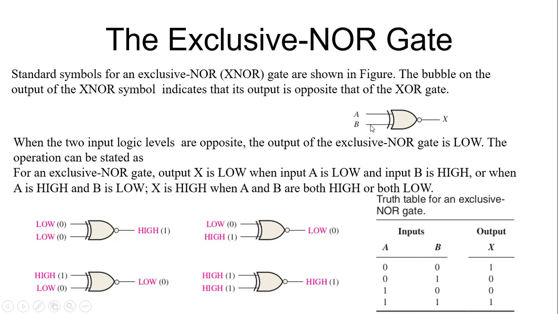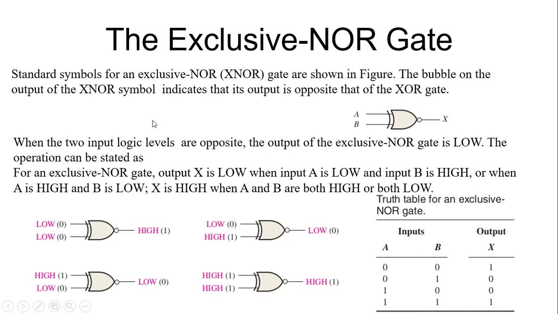When they are at opposite logic levels, meaning A is 1 and B is 0, or B is 1 and A is 0, the output will be low. When both inputs are at the same logic level, meaning A is 0 and B is 0, the output will be high, the output will be 1. If A is 1 and B is 1, again the output will be 1.